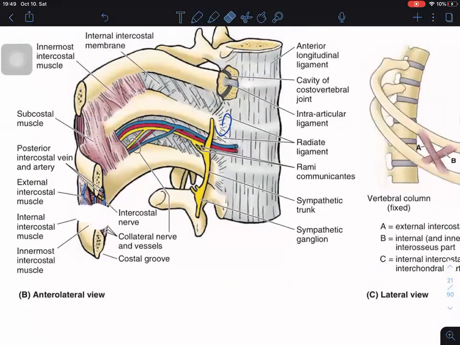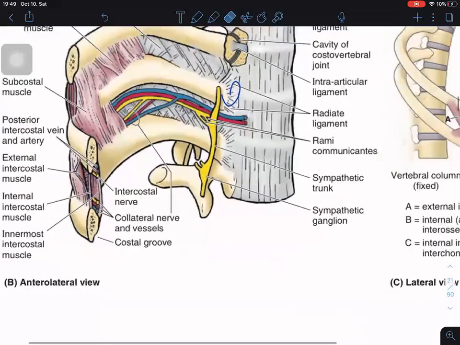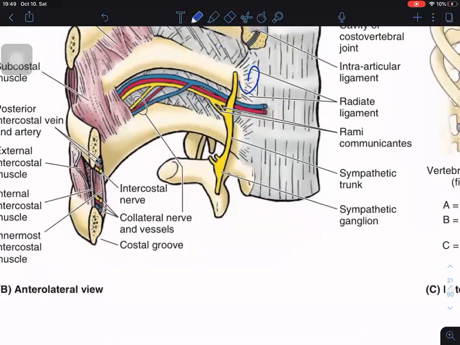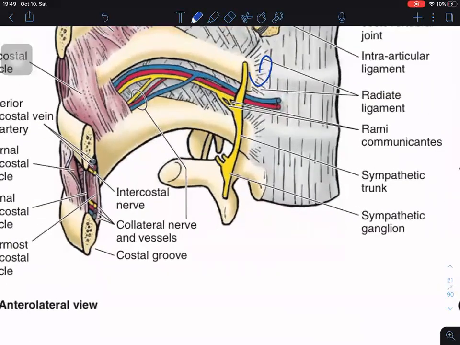But on the cadaver, you don't really get to see a difference between the internal and innermost intercostal muscles. As we said, the innermost intercostal muscles are the deeper fibers of the internal. And how would you be able to differentiate between them?